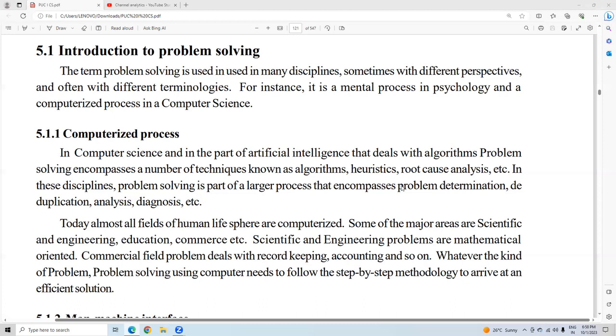Whatever the kind of problem, solving it using a computer needs to follow a step-by-step methodology to arrive at an efficient solution, right? Whether it is a scientific and engineering problem or a commercial one, whatever may be the problem, problem solving needs a step-by-step methodology to arrive at an efficient solution.